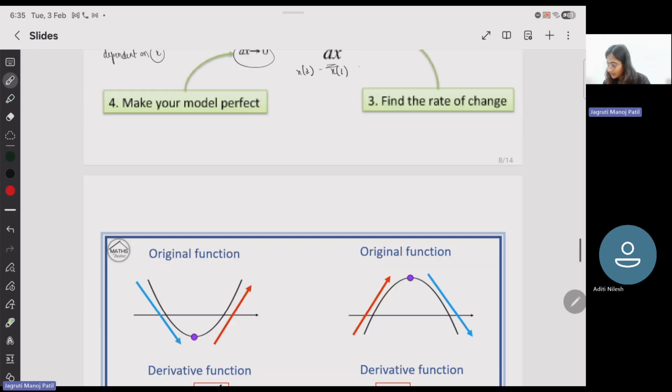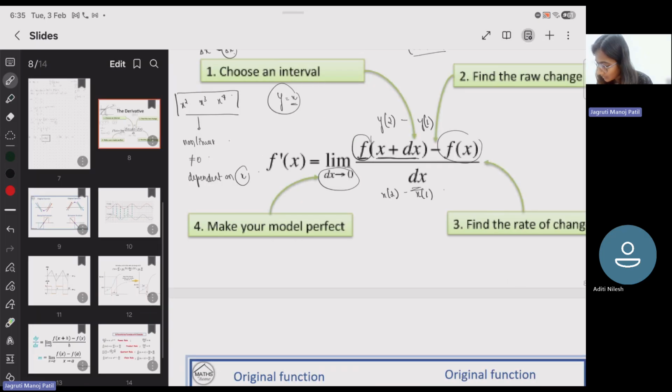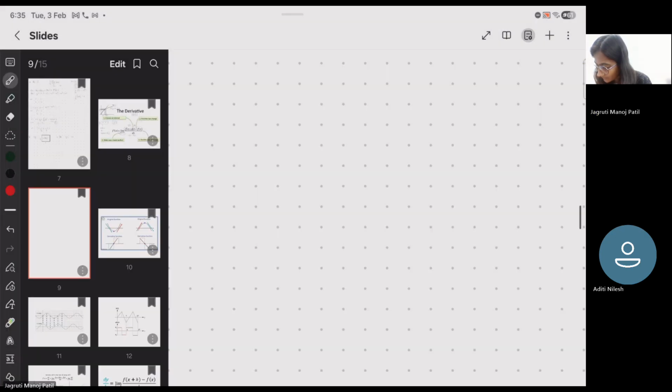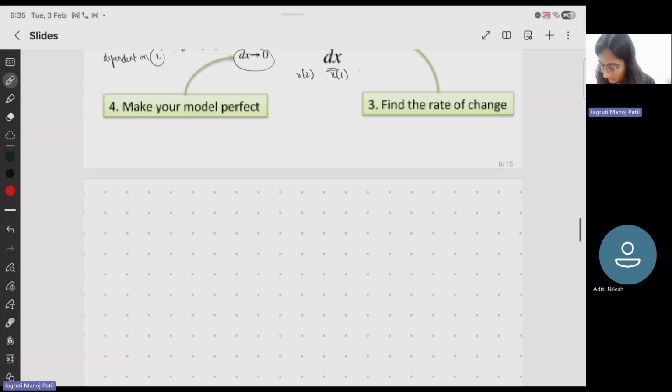So here is something else. I'll give you some examples in between so that you can again relate it with the lecture slides. Okay, so we saw this, and previously I gave you an equation for how to calculate a derivative.